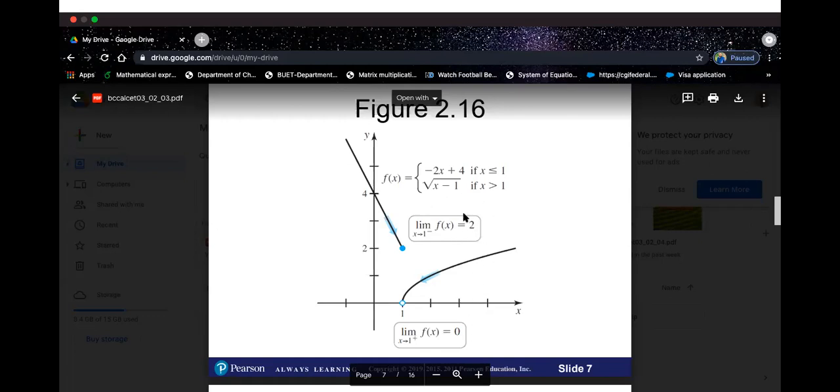These two have to match. But we have 2 and 0. They don't match. So we say that when x tends to 1, the limit does not exist for this particular function. Any question now? Take your time and see if you have any question.